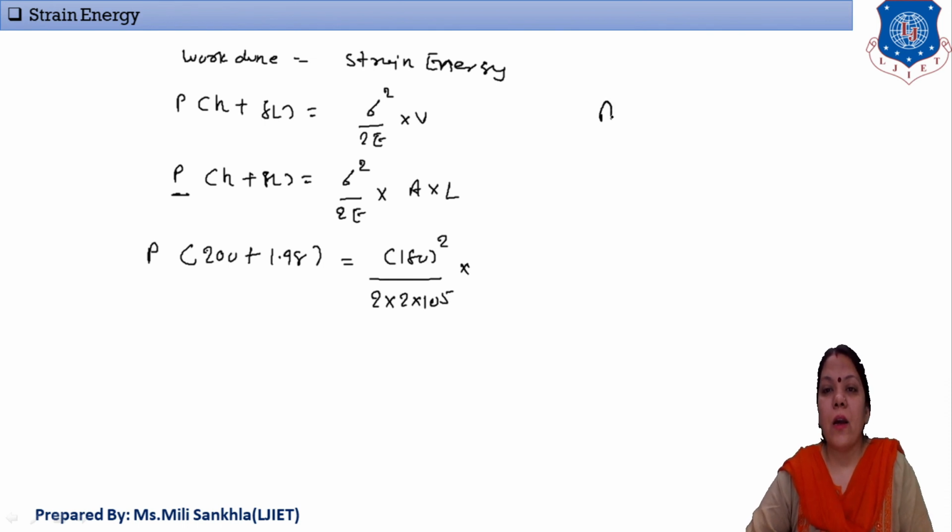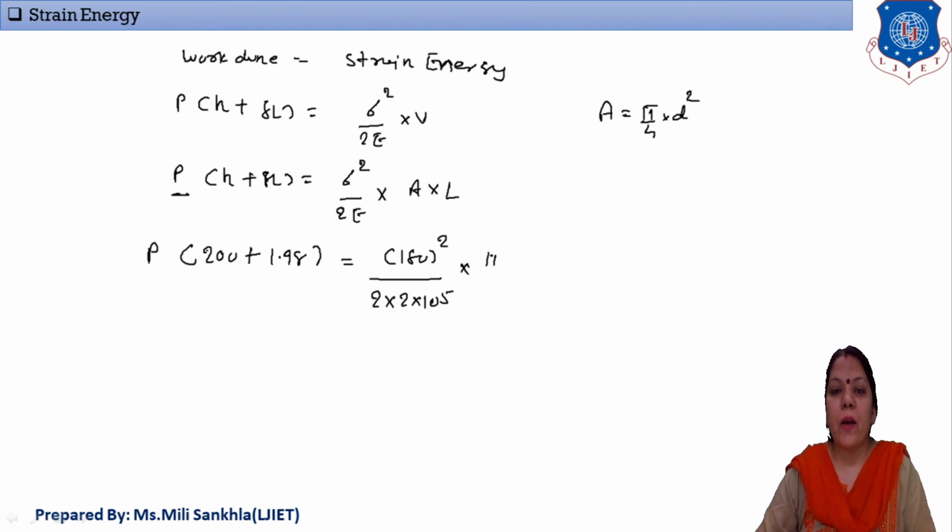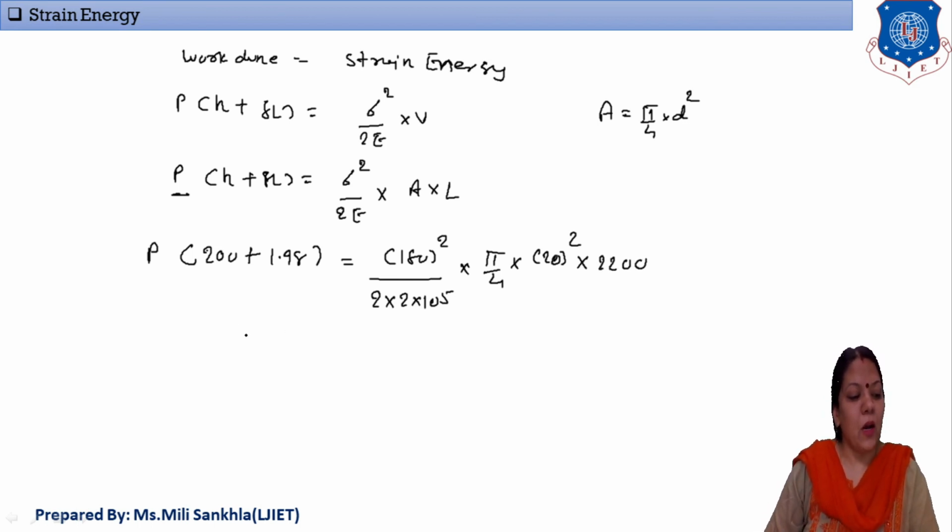Area is equal to pi by 4 d square, with diameter given 20 squared, and length of bar is given 2200. Clear?